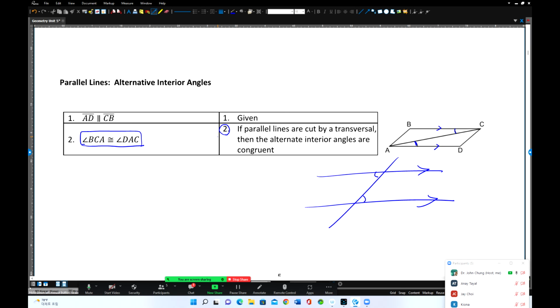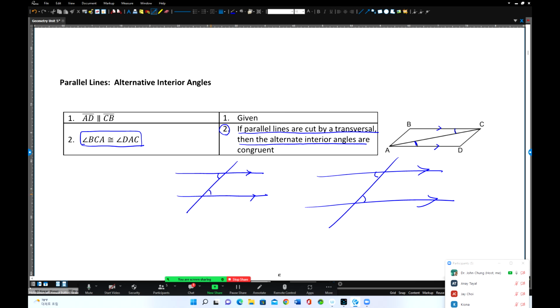Some teachers like it this way: alternate interior angles are congruent. That's enough, very simple. But some teachers want the full statement, so you have to read it. If parallel lines are cut by a transversal, you have to write down: if parallel lines are cut by a transversal, then alternate interior angles are congruent.